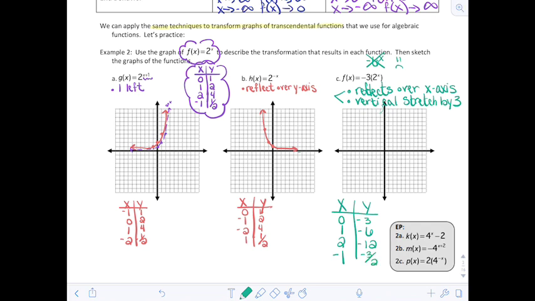So as we look at this, 0, -3, 1, -6, and then I have 2, -12, that's going to be way down here, and then I have -1, -1.5.